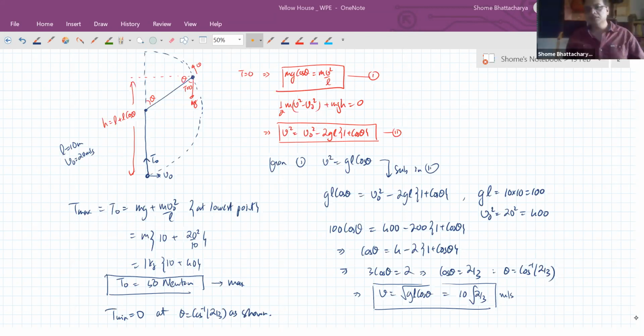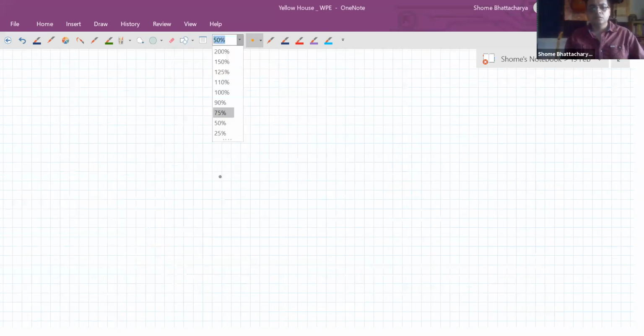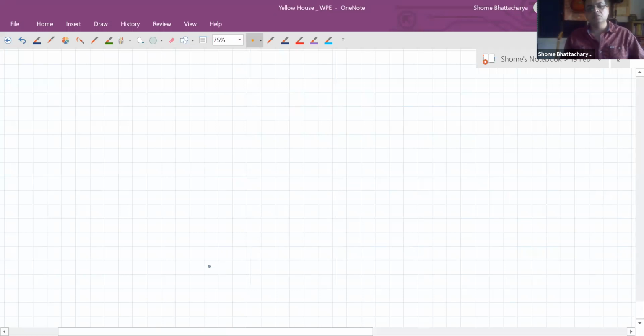Okay, now let's understand how we'll calculate the maximum height to which the particle rises. So we've already seen that given this 20 meters per second, the string slackens at a position like this.